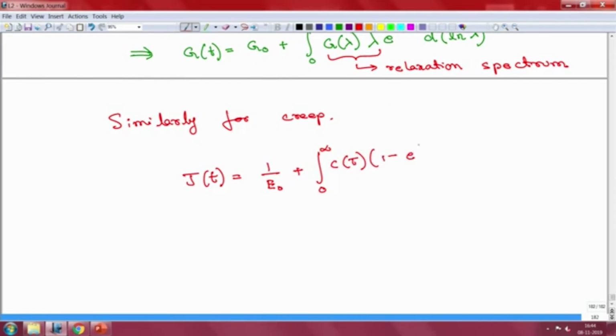I am just using a different variable here, tau, because I have used lambda and want to differentiate the two cases. And this particular function here is also called the retardation spectrum.